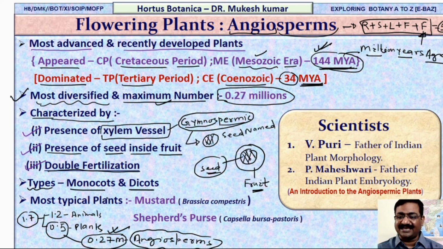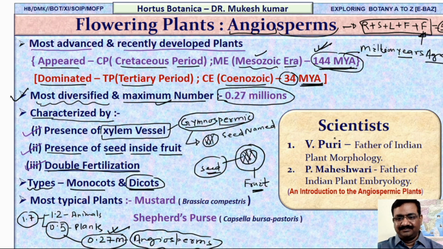Similarly, whenever we talk about dicots, the maximum number are related to the mustard family, Brassicaceae, the potato family, Solanaceae, and the pulse family, Fabaceae. So these are members of dicot plants.